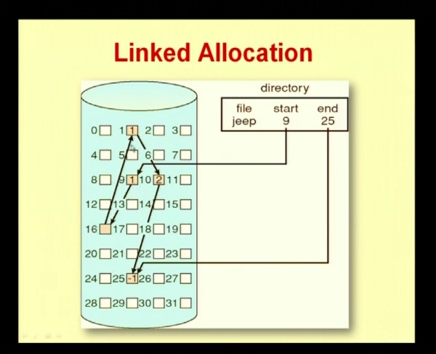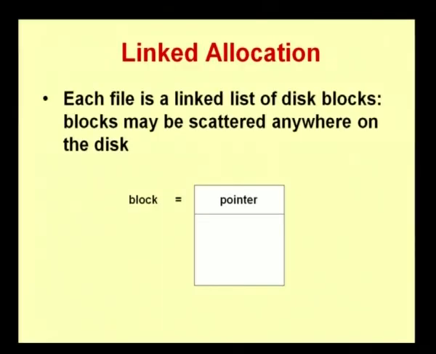Linking all these locations is called a linked allocation. In a block, it needs to contain the next location where that particular file gets stored.